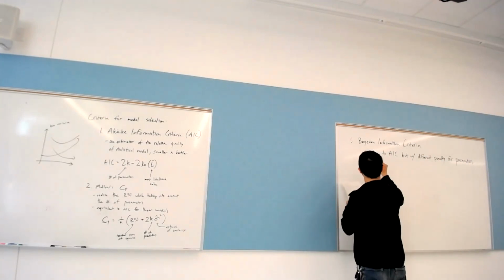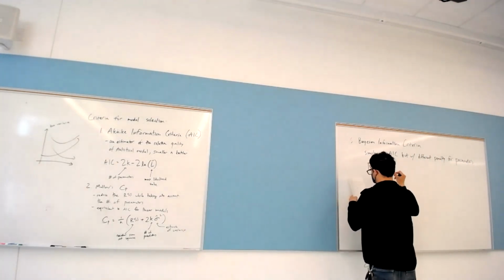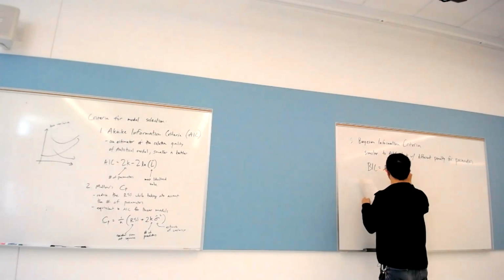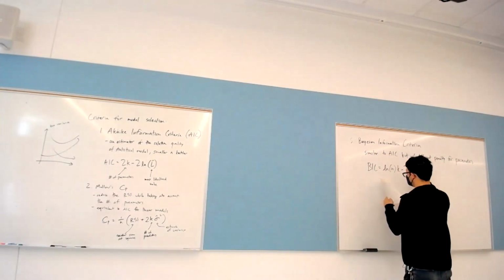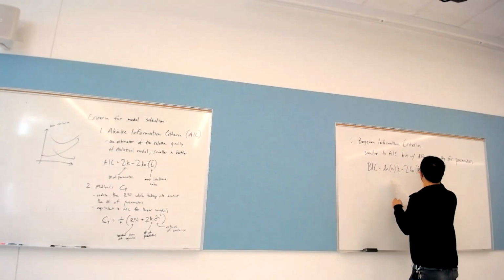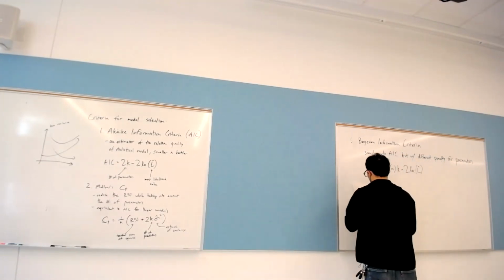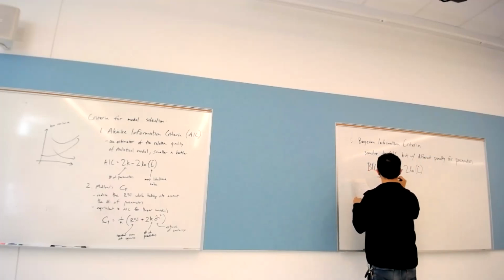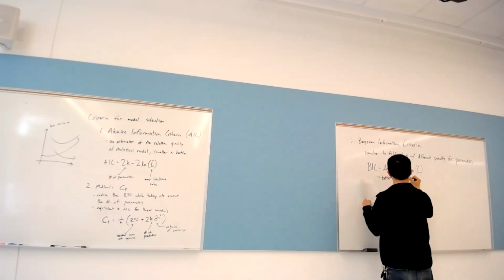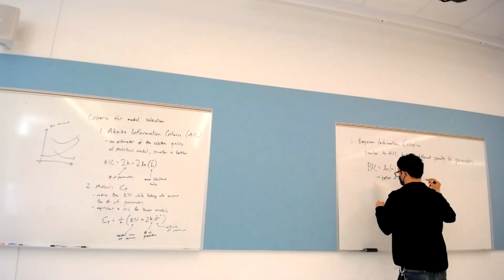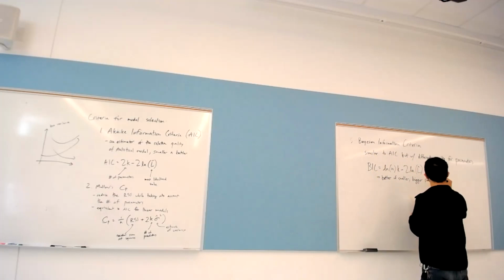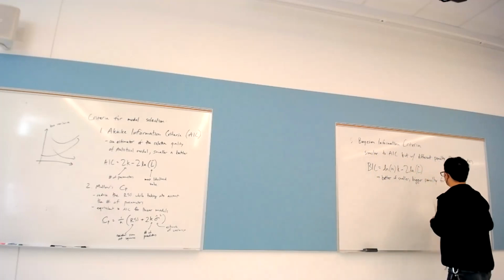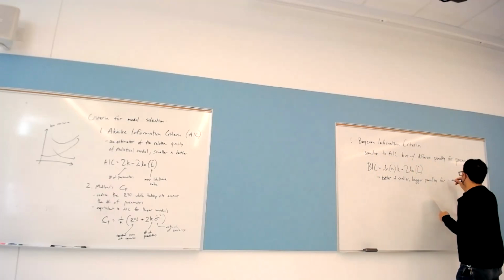So BIC is equal to ln, natural log, n times k minus 2 ln of my maximum likelihood. This is better if smaller, and there is a bigger penalty for models with more variables.